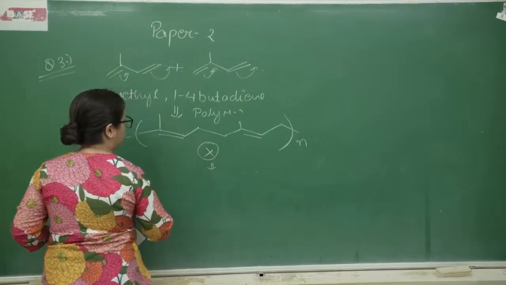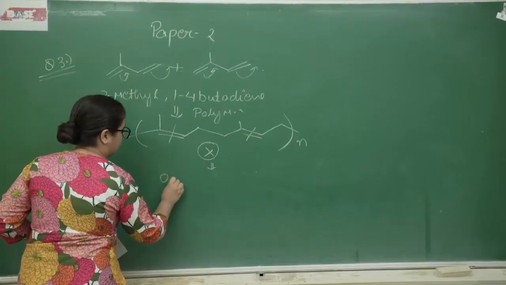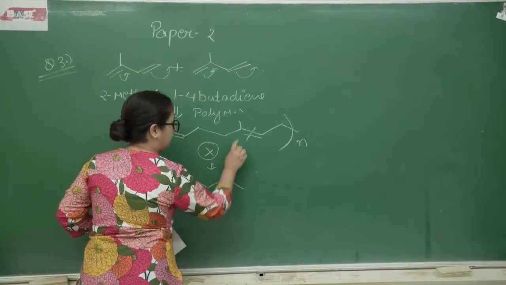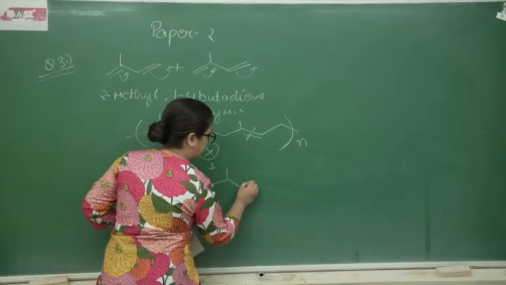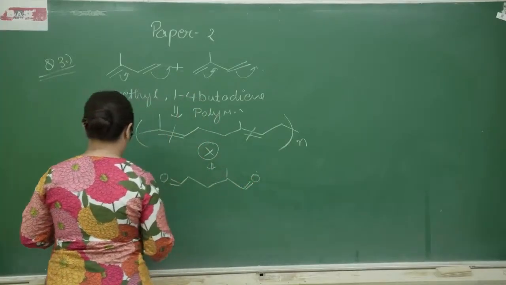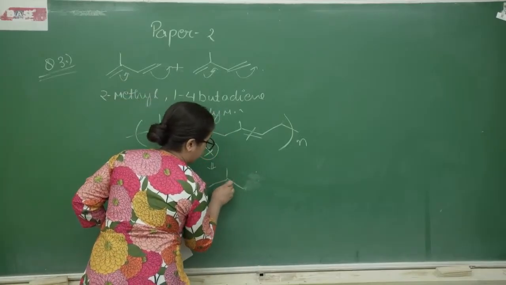Now, this undergoing ozonolysis means we will break this and add oxygens. So we will get CH2, CH2, CH2, methyl and double bond O. Oh, sorry, I put an extra oxygen. We will get this.